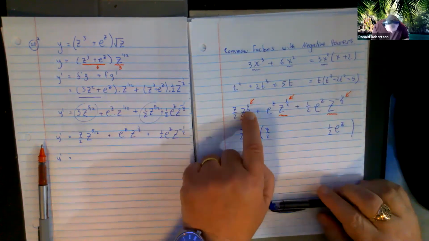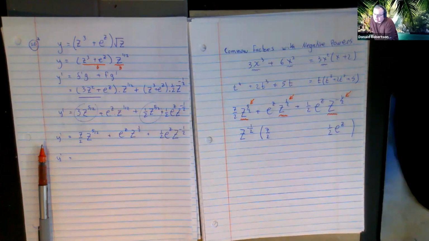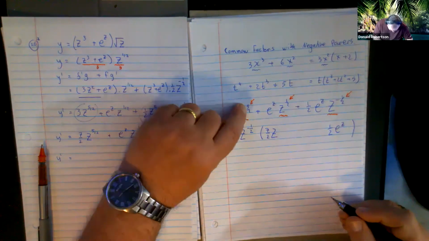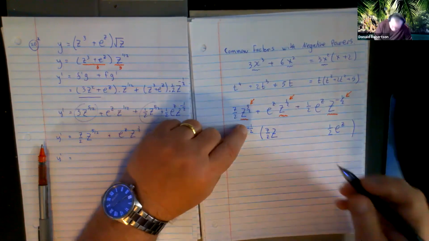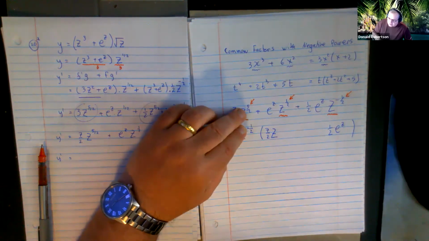5 halves take away negative a half. 5 halves subtract negative a half. What do you get as a power when you do that? You're adding it. 5 halves take away negative a half is 5 halves add a half.